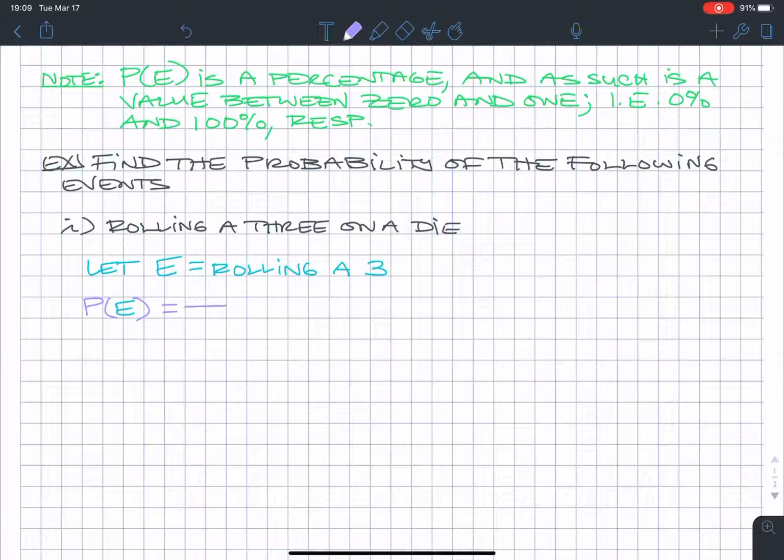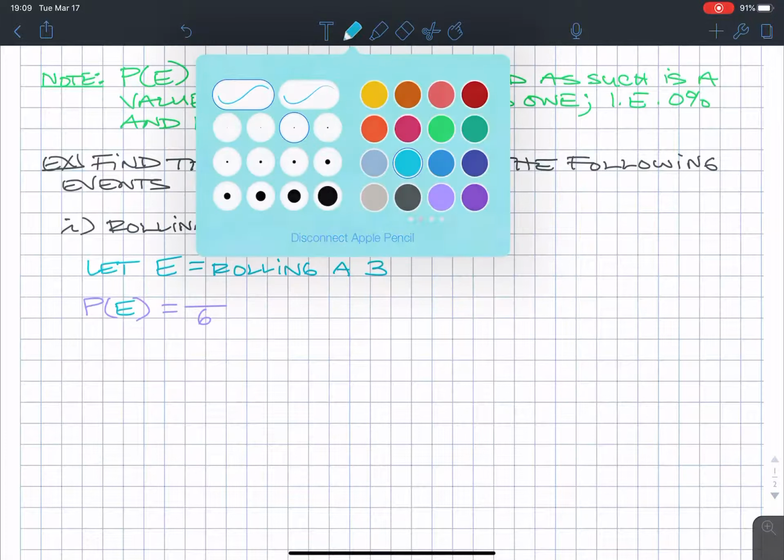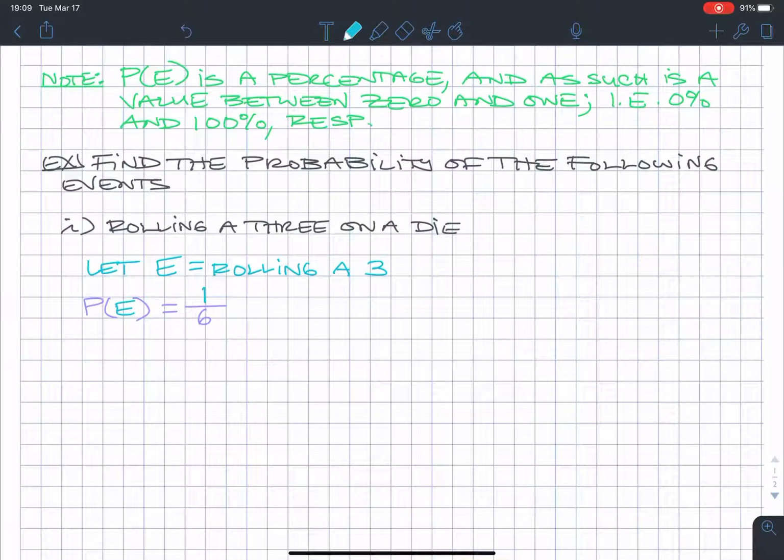So I know that the total number of sides is 6, but of those 6 sides, only one of them has a 3. So therefore, the probability of rolling a 3 on a die is 1 in 6. And notice that's less than 1.